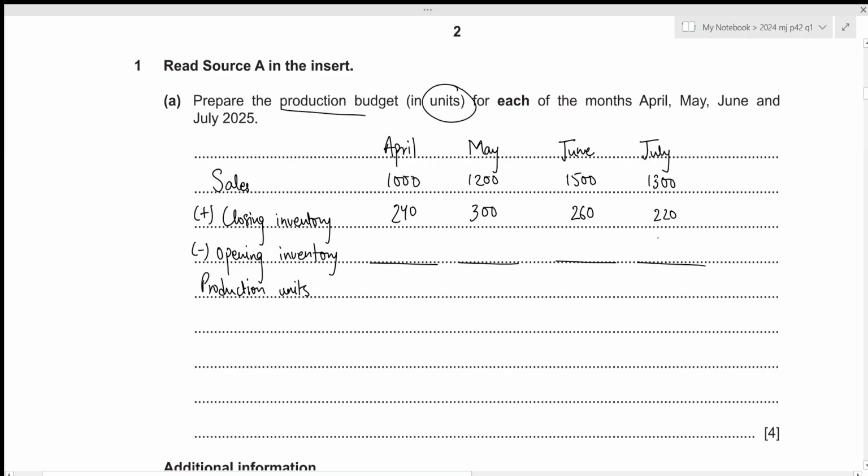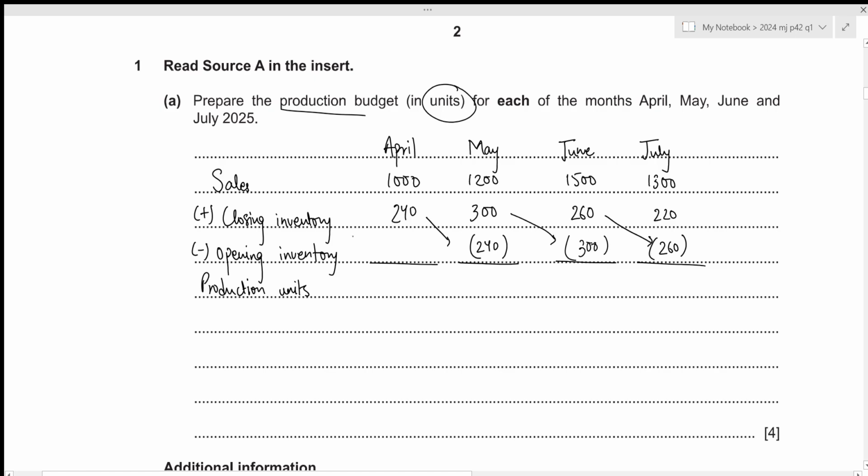Now for the opening inventory, always remember that the closing inventory of this month will act as the opening inventory for the next month. So April's closing inventory will be May's opening inventory. Similarly, May's closing inventory will be June's opening inventory. And June's closing inventory will be July's opening inventory.